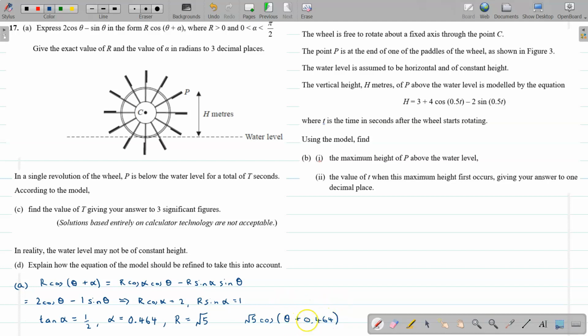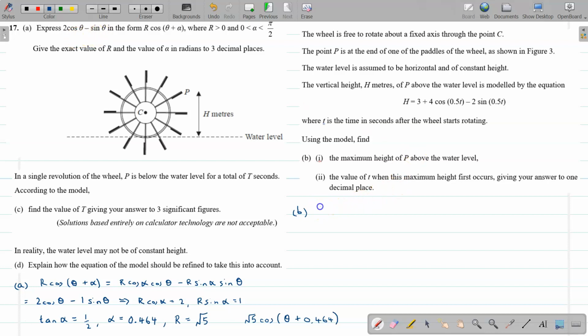Now we're going to use that in part B, which is about this modelling of this water wheel. So what we have to do in part B is relate this to what we've got here and adjust it accordingly. So this model shares this part here, the 4 cos and the minus 2 sine, is double this part here.